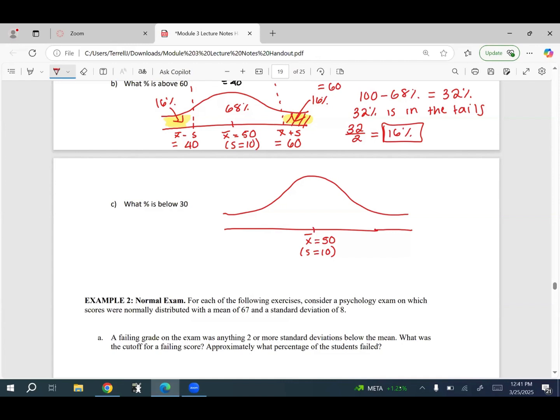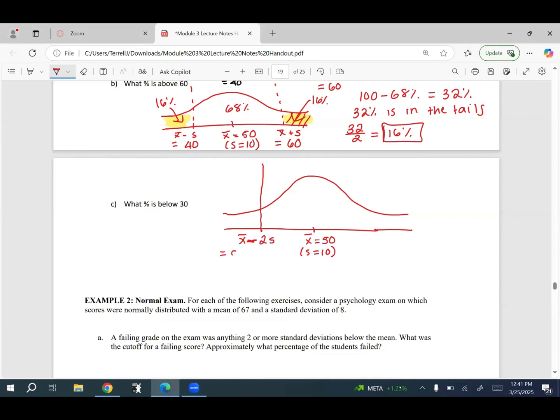If I go 2 standard deviations to the left, then I would subtract 10 again, and I would get 30 this time. Or one way I could look at this is the mean minus, because I'm to the left, 2 times the standard deviation.